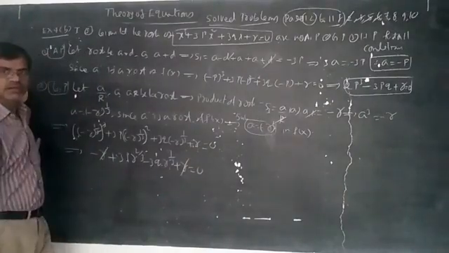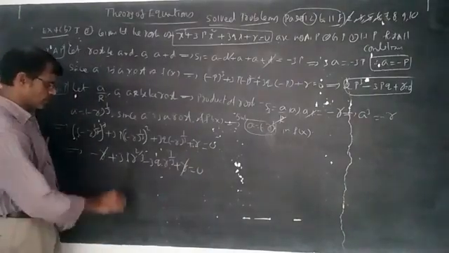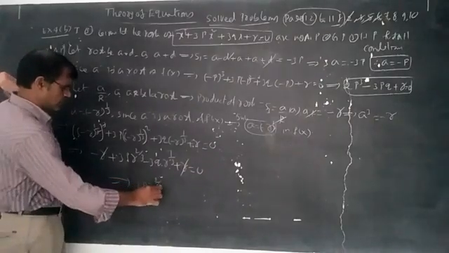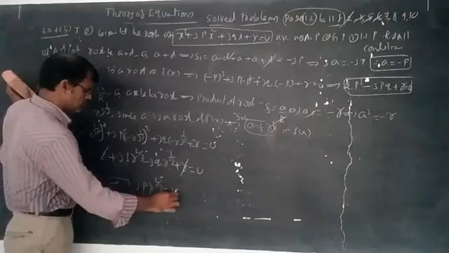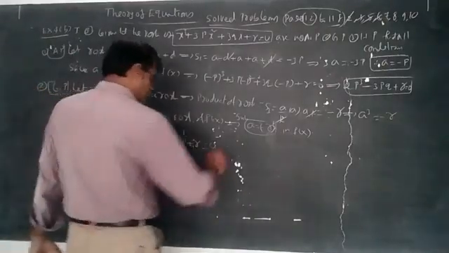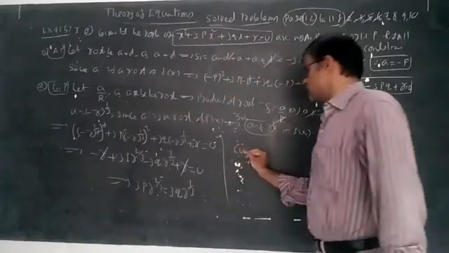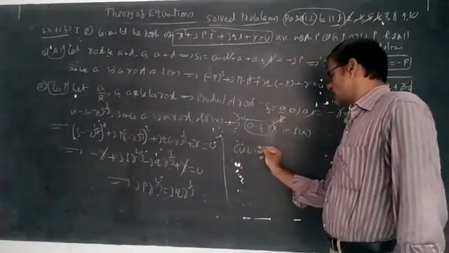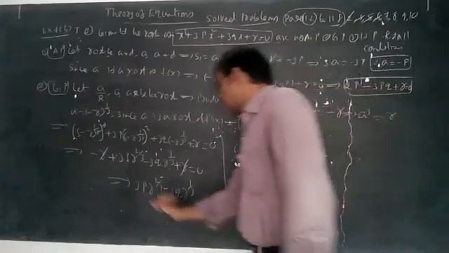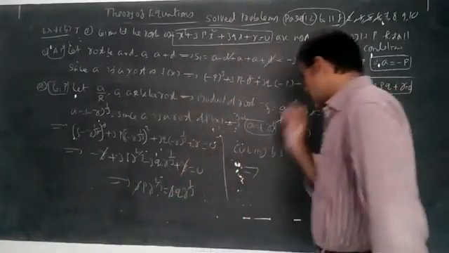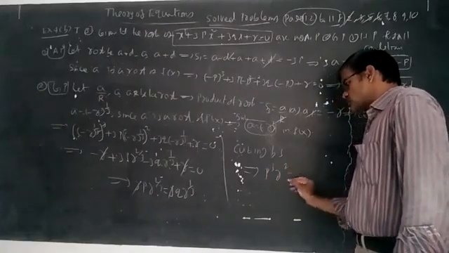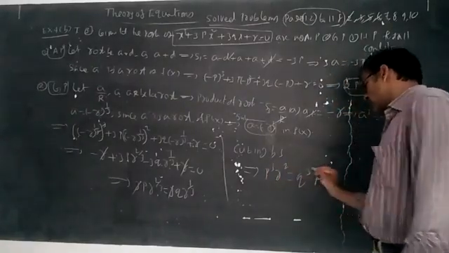Minus r and plus r will get cancelled. Now it becomes 3p r power 2 by 3 is equal to 3q r power 1 by 3. Now cubing both sides, the 3 gets cancelled and it becomes p cube r square is equal to q cube r.